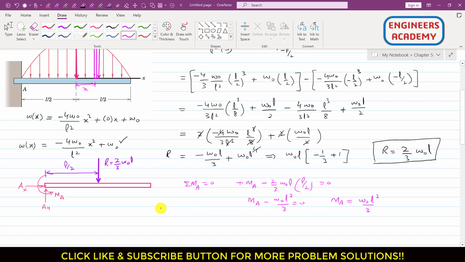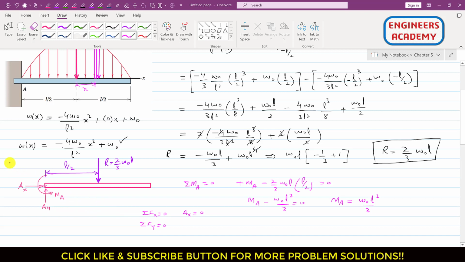And similarly, if we apply the summation of forces along x equals to 0, as we can see that only this AX is acting in the positive x direction, and there is no other force in the x direction, so this means that AX is equal to 0. And similarly, if we apply the summation of forces along y equals to 0, as we can see that this Ay is acting in the positive y direction, right?